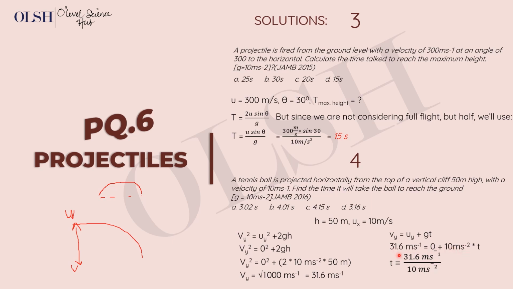This is like saying 31.6 equal to 10 times t. So we divide both sides by 10, and we have 31.6 divided by 10, which gives us 3.16 seconds. The units cancel, leaving us with 3.16 seconds. So that's our final answer for number 4.